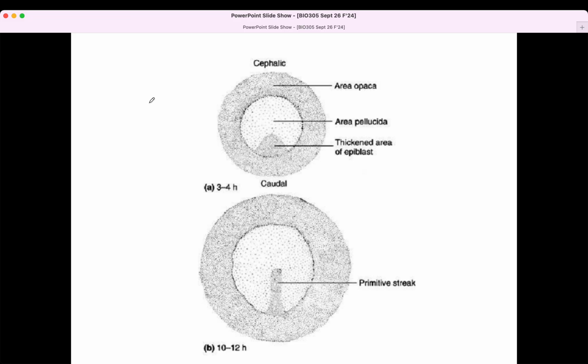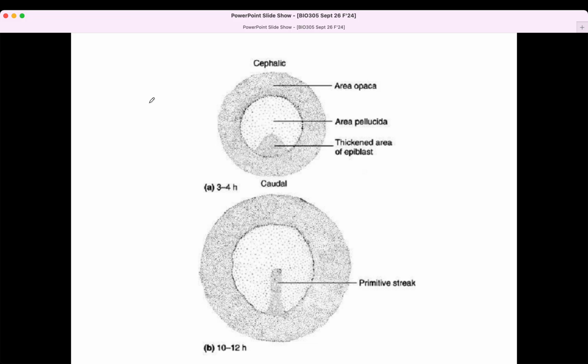And what you see is that at one end of this, you start to see a little groove forming. It is physically a groove, and it's called the primitive streak. And that's going to be the equivalent of the blastopore. That's where cells are going to fold in during gastrulation. Start to imagine it's a little wrinkle in a blanket, or you could think of it as a little valley that's forming.